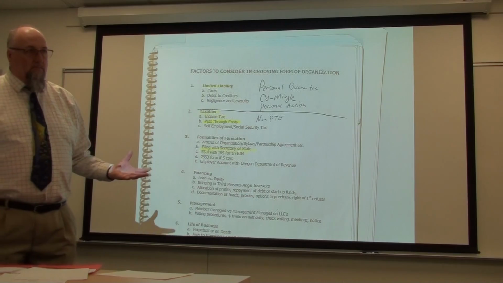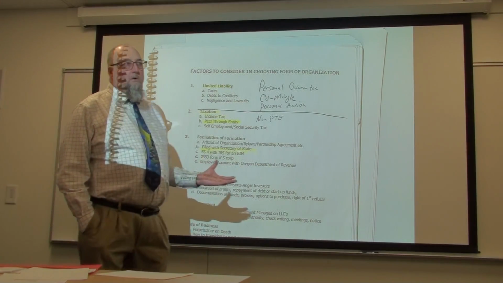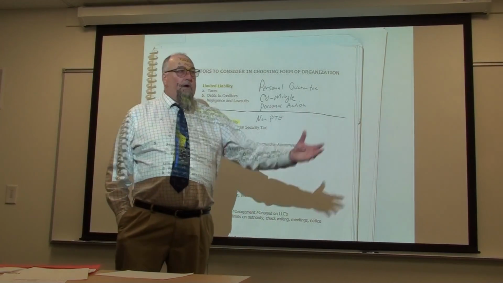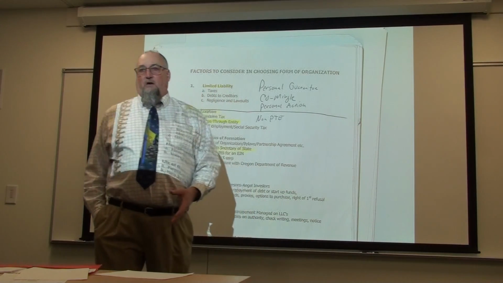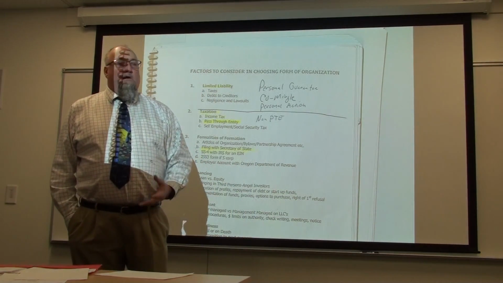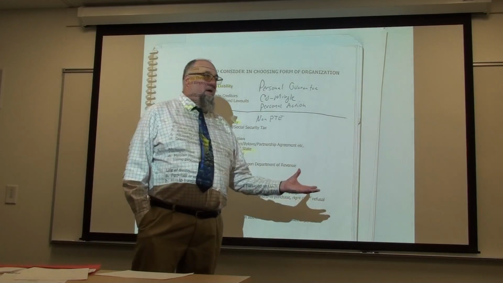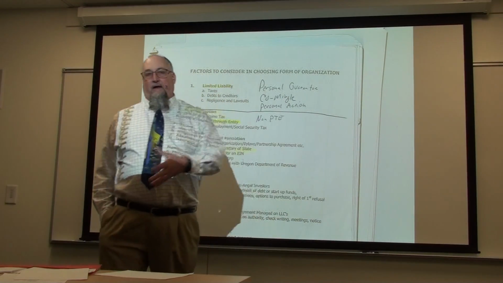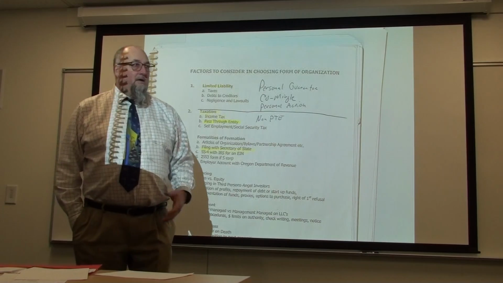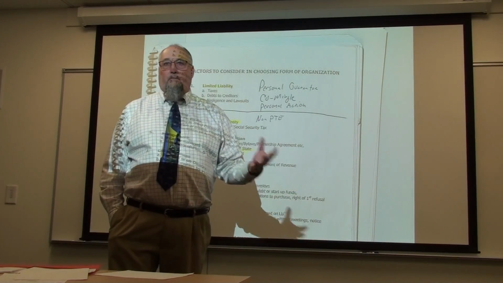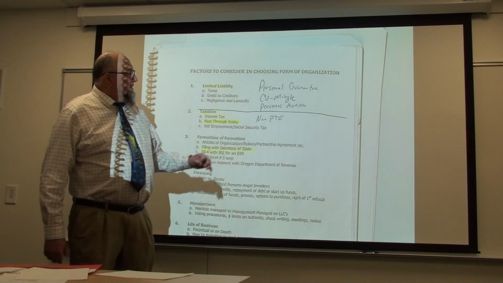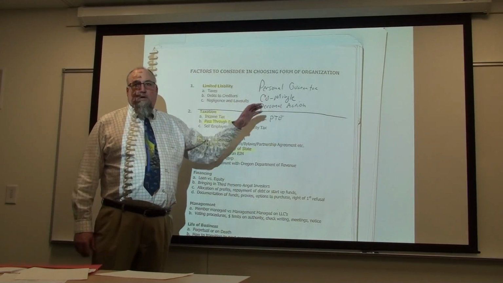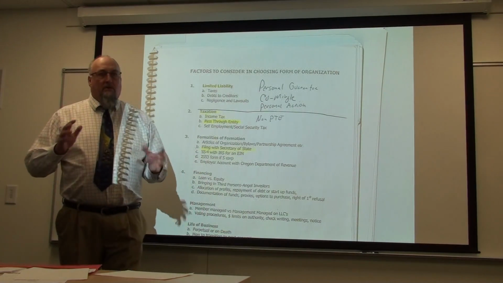I myself have done this, where I'll go to the store and I need to buy coffee for my business, and I'll pay for it myself with my own personal funds, or vice versa. Maybe I forgot my debit card, and so all I have is my corporate credit card, and so I'll buy a personal item on my corporate credit card. Real common. So in order to avoid that problem, you have to make sure you do good bookkeeping.